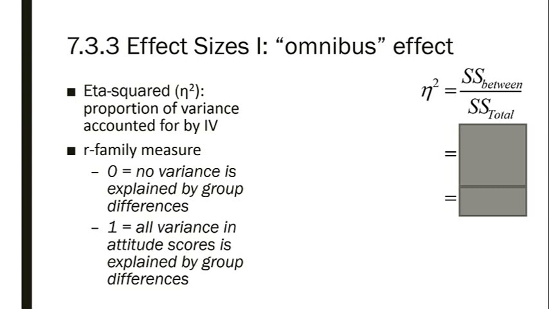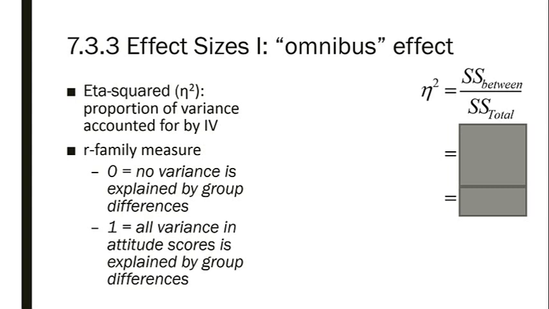So you wouldn't expect an eta squared of anywhere near 1, but I'm showing that to you to remind you that the possible range of values for eta squared is the same as the possible range of values for r squared, which is between 0 and 1.